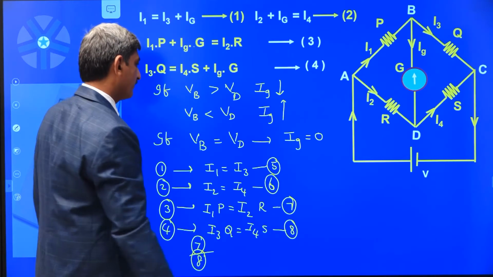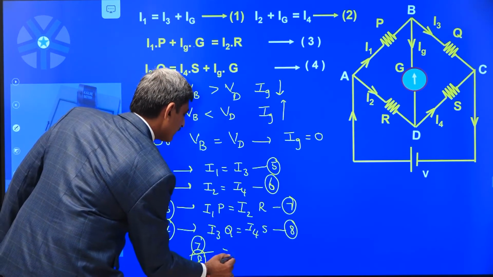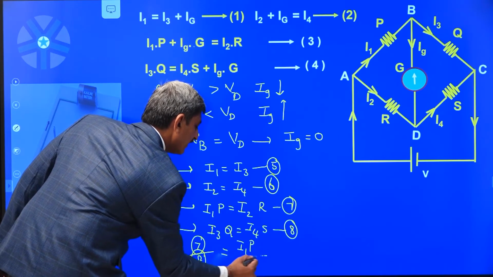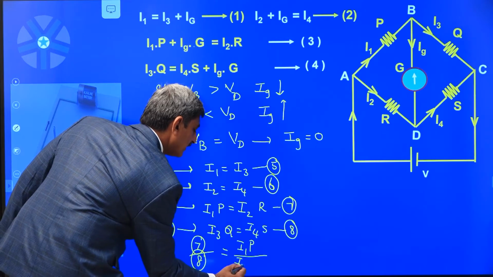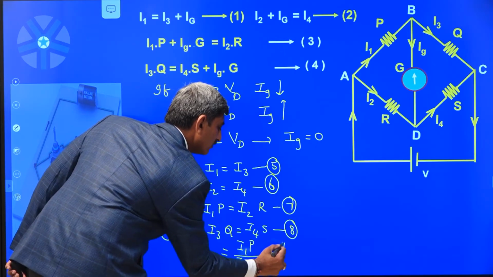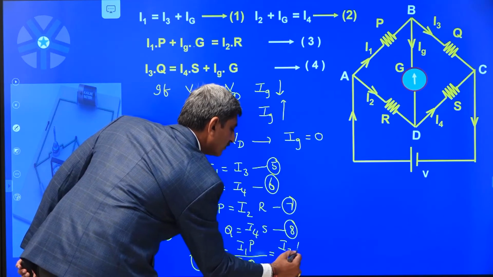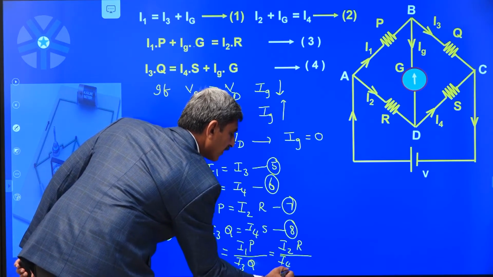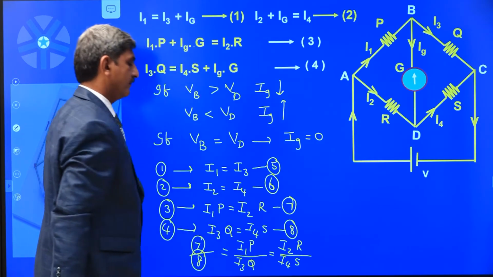What it gives? It gives I1P divided by I3Q is equal to I2R divided by I4S.